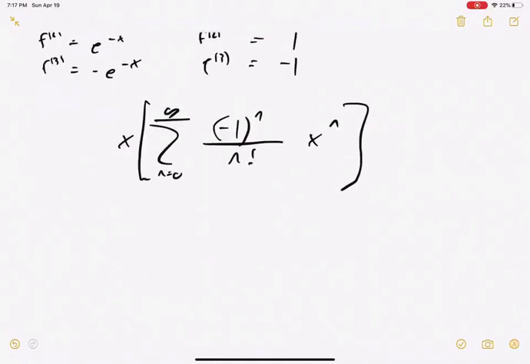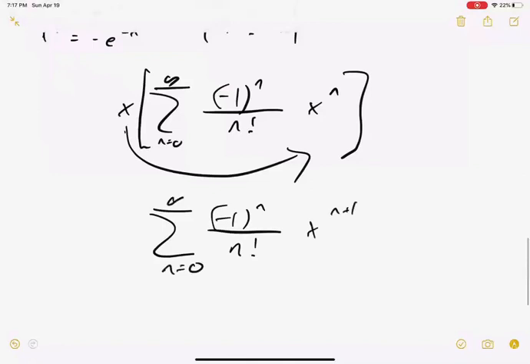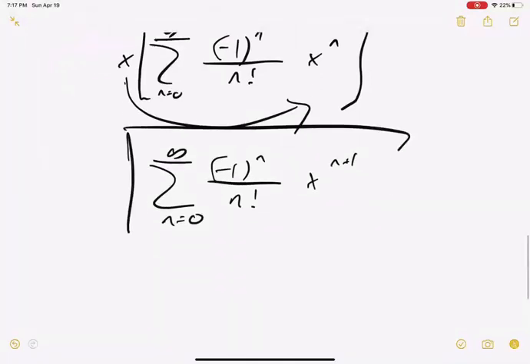Okay, and like in section 11.9, if I have a power series with something on the outside, I want to bring it inside. Okay, and I get this power series, and that should be my final answer.